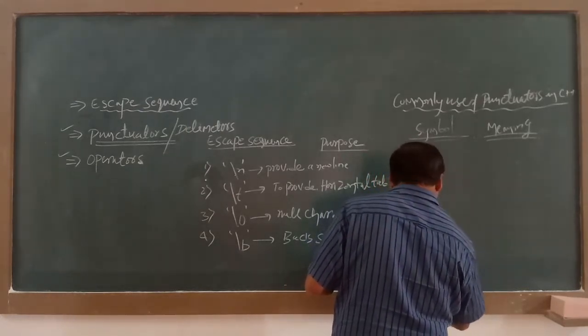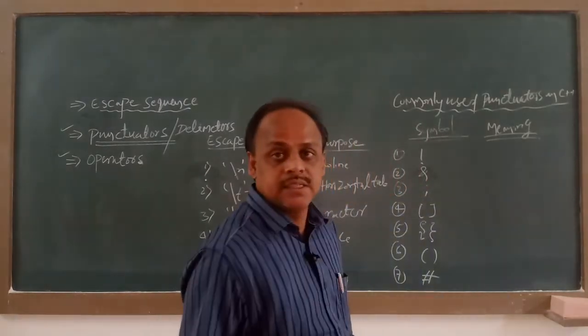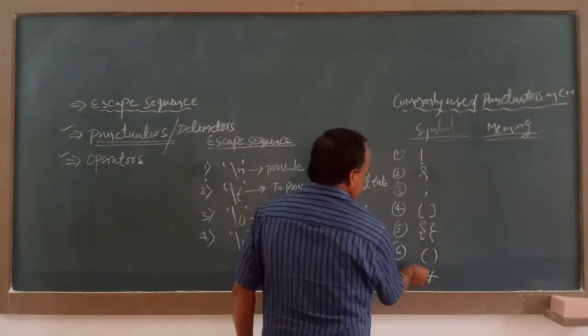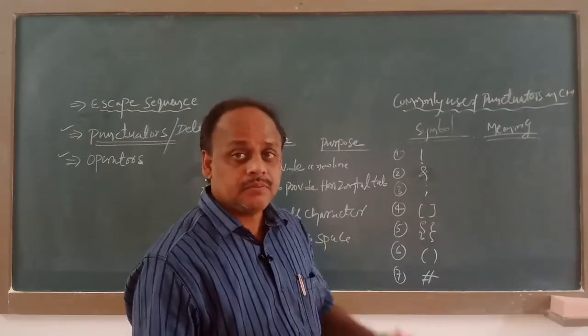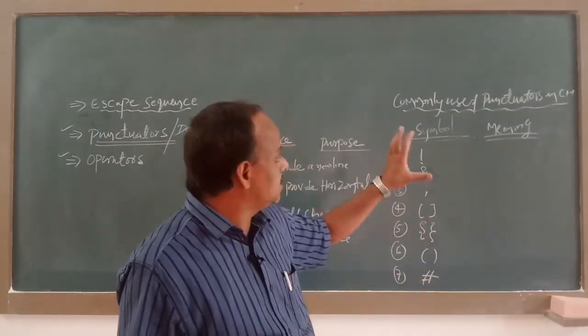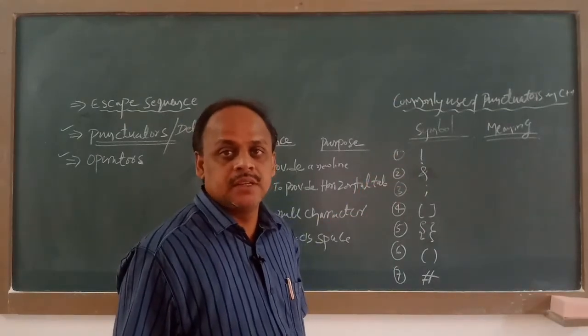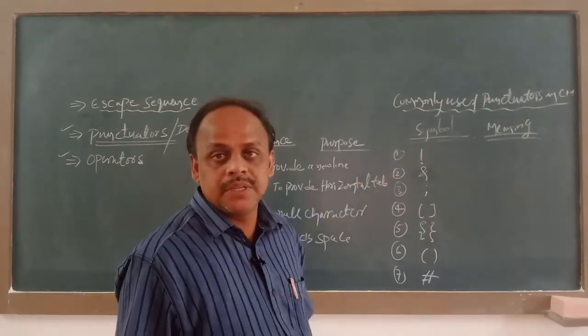The seventh one is the preprocessor directive. Whenever a program has such punctuators, the C++ compiler is going to consider these symbols as punctuators and it is not going to perform any operation. Now let us see the meaning of each punctuator.